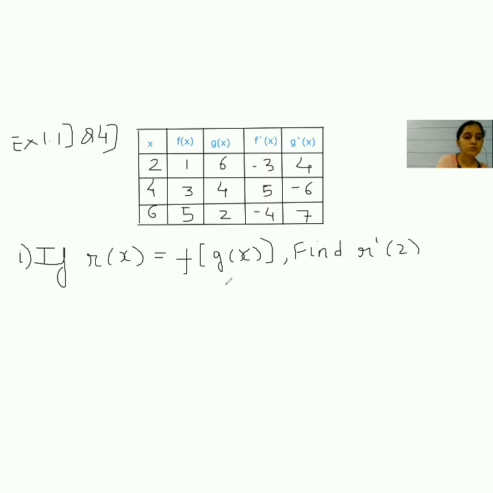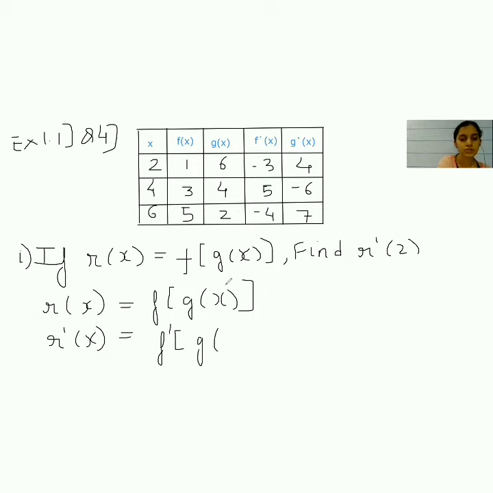Okay, so what we'll do is we'll take the function r of x and first find its derivative, because they want r dash of 2, that means they want a derivative value. So r dash of x is equal to f dash of g of x multiplied by g dash of x. Now what is the x value that they want?